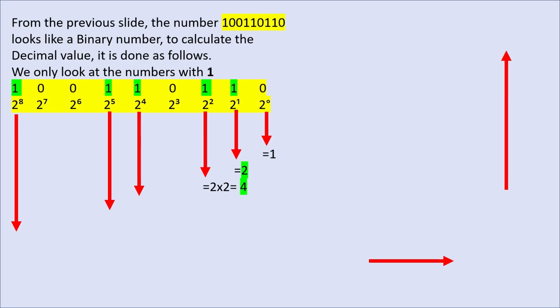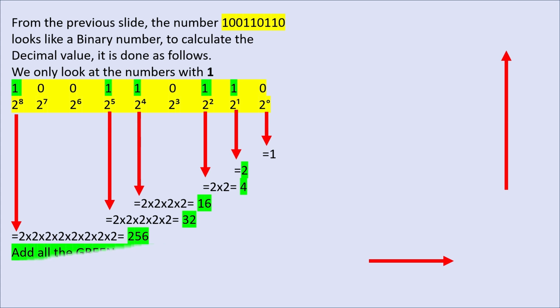Calculating, 2 to the power 0 is equal to 1. 2 to the power 1 equals 2. 2 to the power 2 equals 2 times 2, which is 4. 2 to the power 4 is 2 times 2 times 2 times 2, which is 16. And then 2 to the power 5 is 2 multiplied by itself 5 times, and 2 to the power 8 is 2 multiplied by itself 8 times.